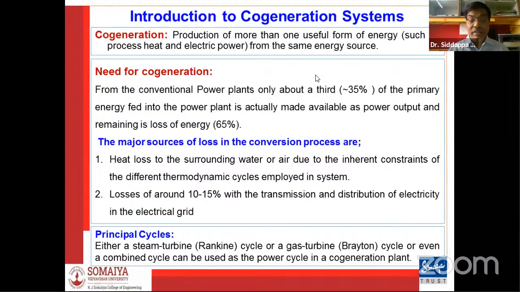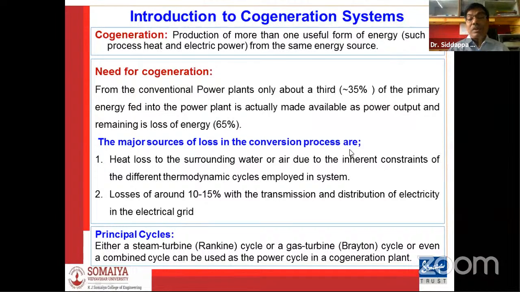We all know that there are external combustion engines like the Rankine cycle, and gas turbine power plants work on Rankine or Brayton cycles. And these are the two basic systems, or principal cycles, used in a cogeneration system.